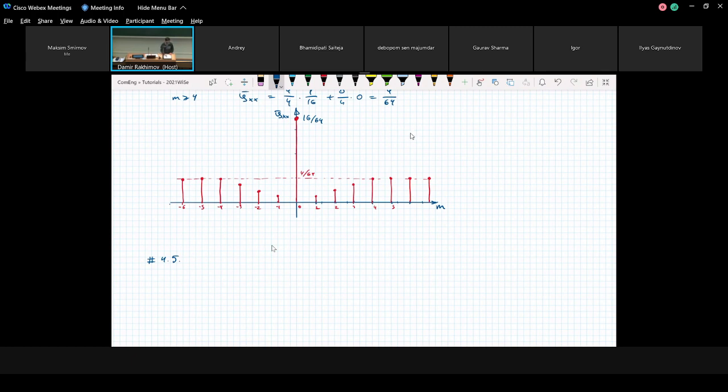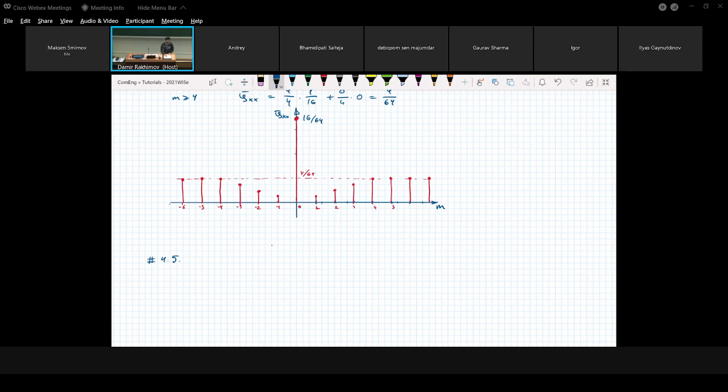Assume white noise with a constant power spectrum density N0 over 2, with an unlimited frequency range from minus infinity, and the power spectrum density is constant.